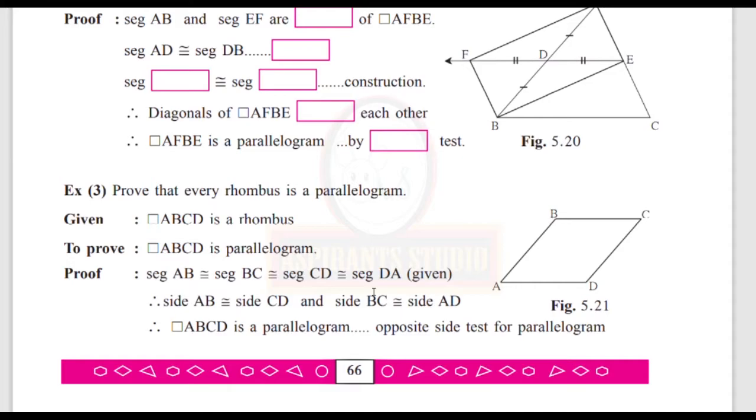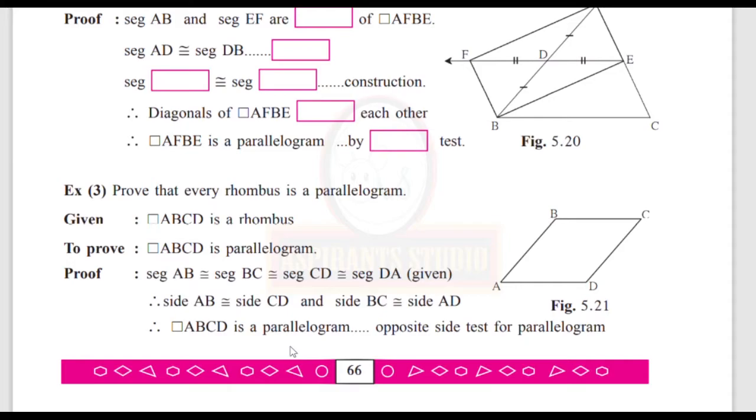Segment AB is congruent to segment BC is congruent to segment CD is congruent to segment DA is given, because quadrilateral ABCD is a rhombus. All the sides are congruent in a rhombus. Now pick up two pairs like this.